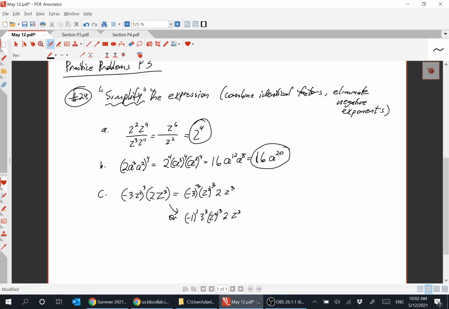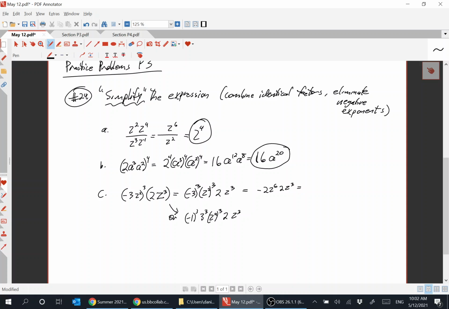Okay, minus 3 to the third or minus 1 to the third times 3 to the third. Either way, you get the same thing. 3 to the third is 27, right? So that's minus 27. This is z to the sixth. 2, and then z to the third.